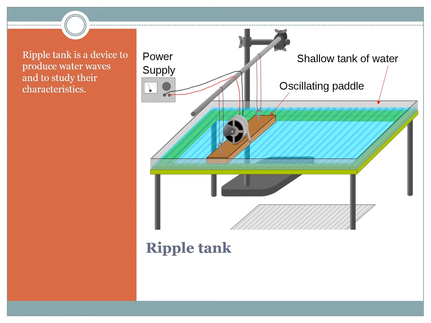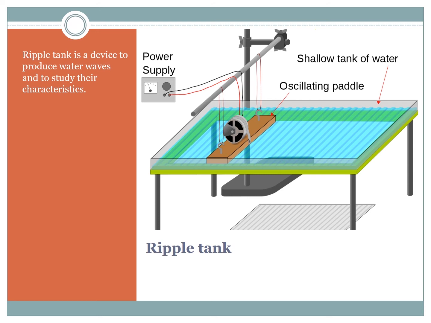As you can see, this apparatus consists of a rectangular tray having a glass bottom. Waves are produced on the surface of the water present in the tray by means of a vibrator. The vibrator is an oscillating electric motor fixed on a wooden plate over the tray. When we switch on the vibrator, this wooden plate starts to vibrate and it starts to generate plane water waves.